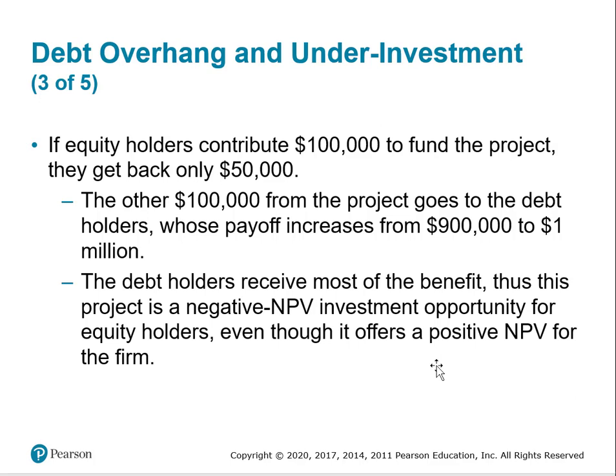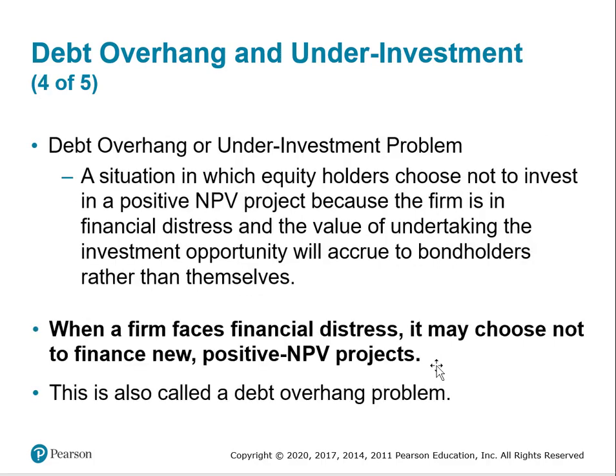So, this project is a negative net present value opportunity for equity holders, even though it offers positive net present value for the firm. It does increase value, but it doesn't increase value for the shareholders. So debt overhang, or the underinvestment problem we've been talking about here. Again, this is a situation in which equity holders choose not to invest in a positive net present value project because the firm's in financial distress.